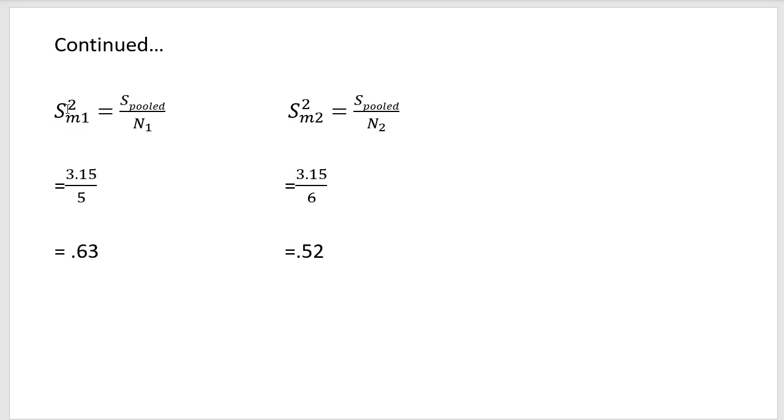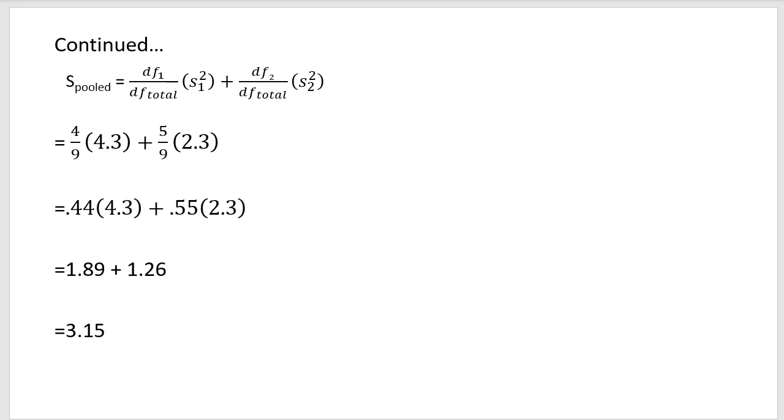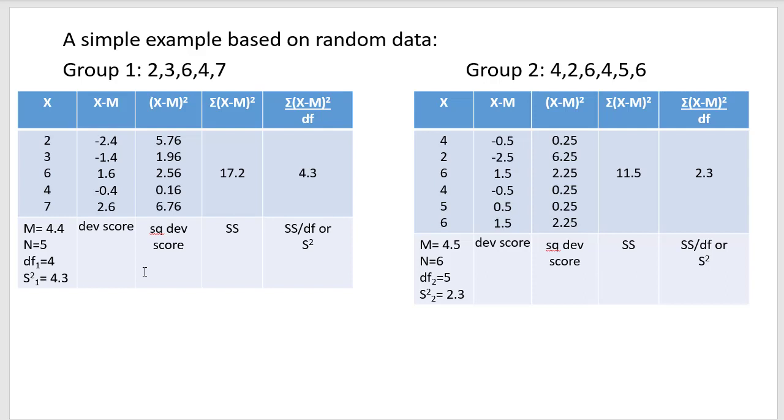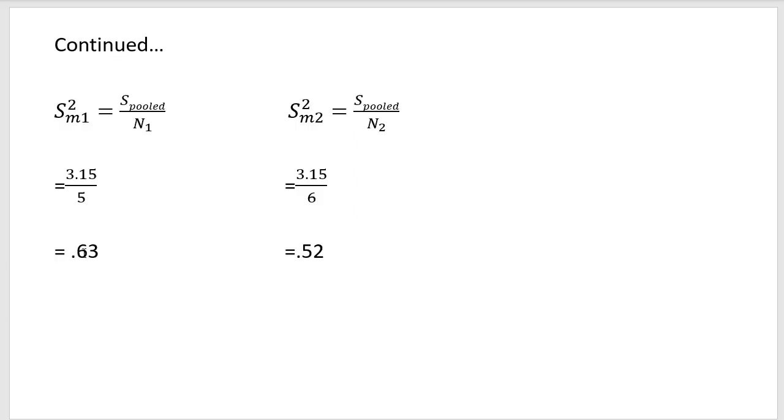So the estimated population variance of the distribution of means of group 1 is equal to the pooled variance divided by the number in group 1, which is 3.15 divided by 5, which equals 0.63. So our variance for group 1 went from 4.3 all the way down to 0.63.